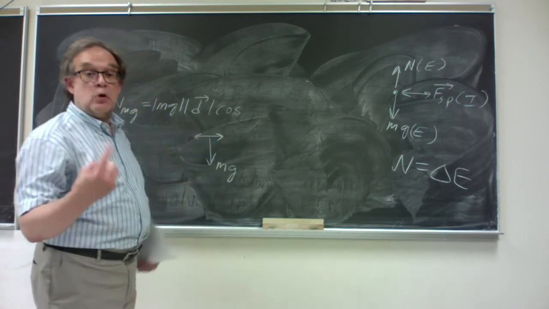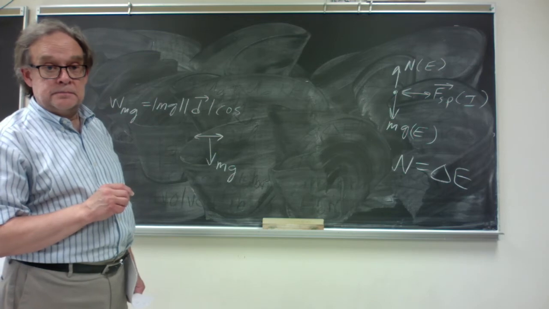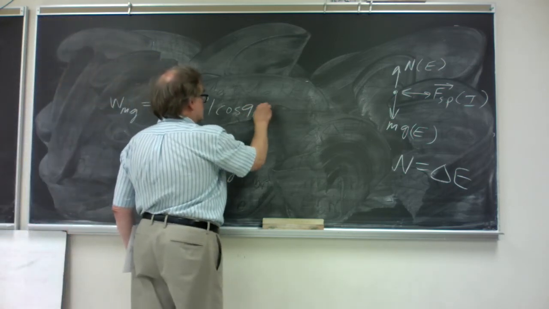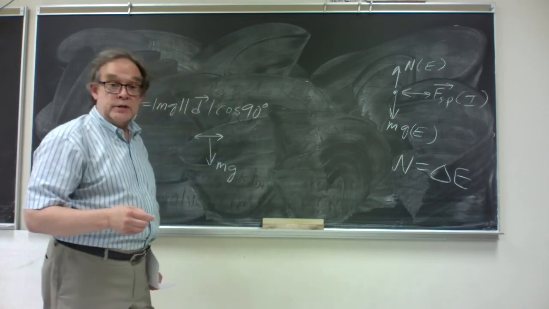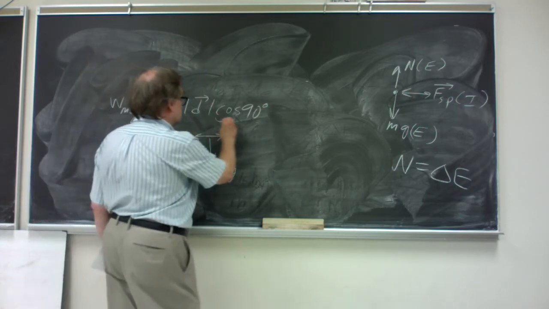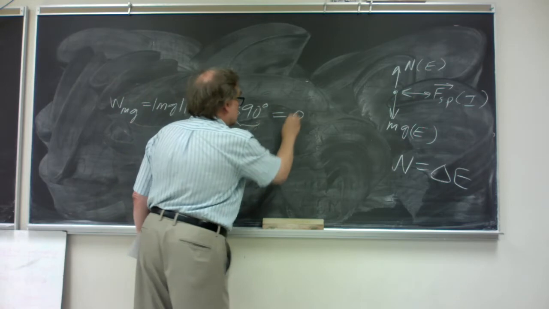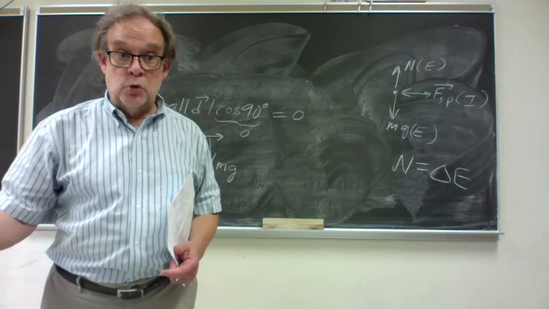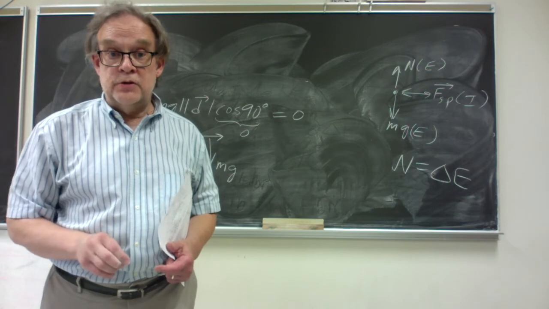Displacement and force are perpendicular to each other, so they're 90 degrees apart. Cosine of 90 degrees is 0. So that's an external force, but it does no work. So it won't change the energy of the system.